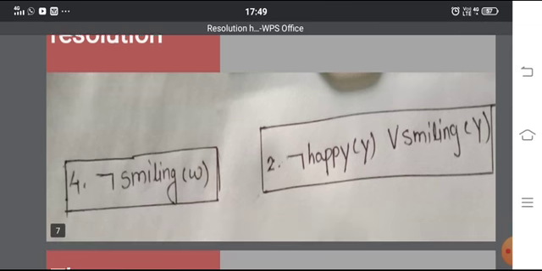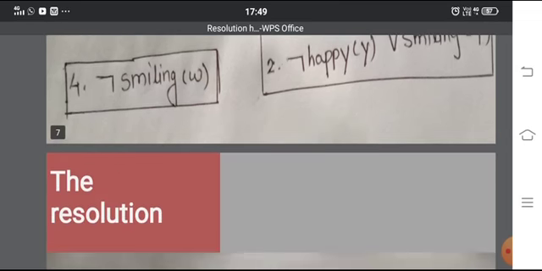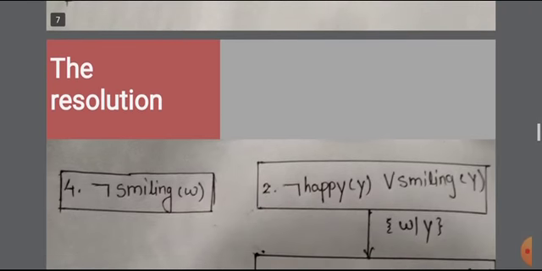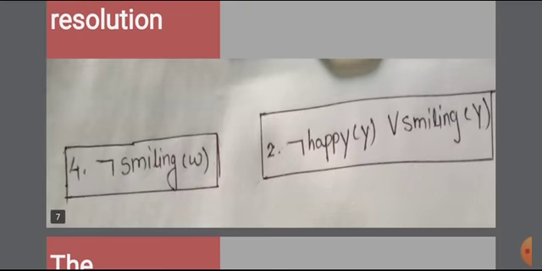Now after selecting the clause, see here, in clause 4 and clause 2 we have two different variables, variable w and variable y: negation of smiling of w, and in clause 2, negation of happy of y or smiling of y. Here we have two different kinds of variable.